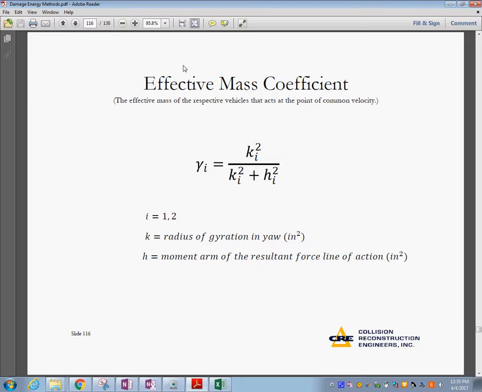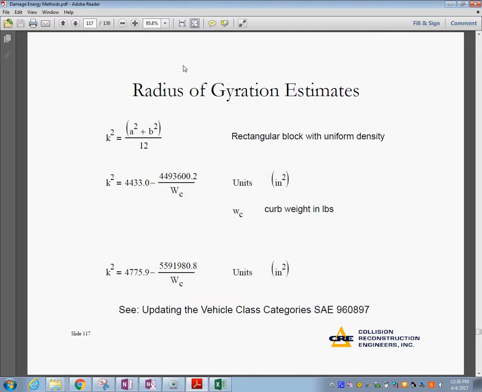There is an effective mass coefficient that takes care of the radius of gyration. Using the radius of gyration and the moment arm of the resulting force to the line of action. And calculate the radius of gyration by a squared plus b squared over 12 for a rectangular shaped vehicle.